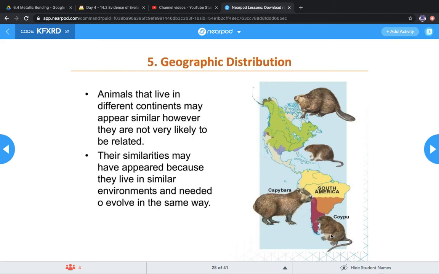Over the years of behaving or living in similar conditions, they evolved similar features but separately, right? So geographic distribution basically means that organisms that live far apart are probably not very closely related, but if they look similar, that basically means that they live in the same basic type of environment and they would have had to evolve similar features to survive in the environment that they're living in.